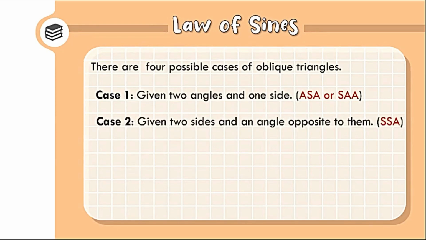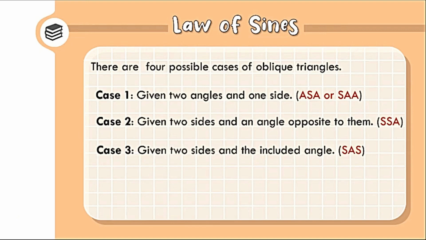Second case, we have given two sides and an angle opposite to one of them, or the SSA. For case 3, we have given two sides and the included angle, which is the SAS. And for the fourth case, we have given the three sides, which is the SSS.